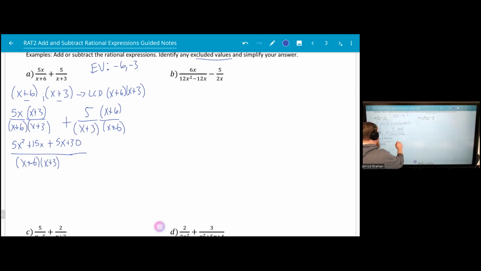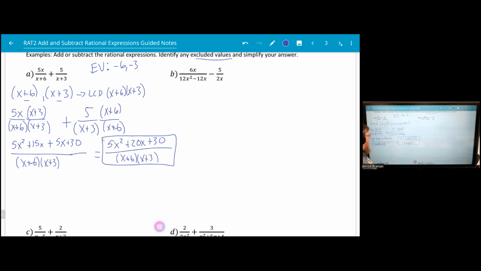So we can make that 5x squared plus 20x plus 30 divided by x plus 6 times x plus 3. This is how you would add those two rational expressions together.